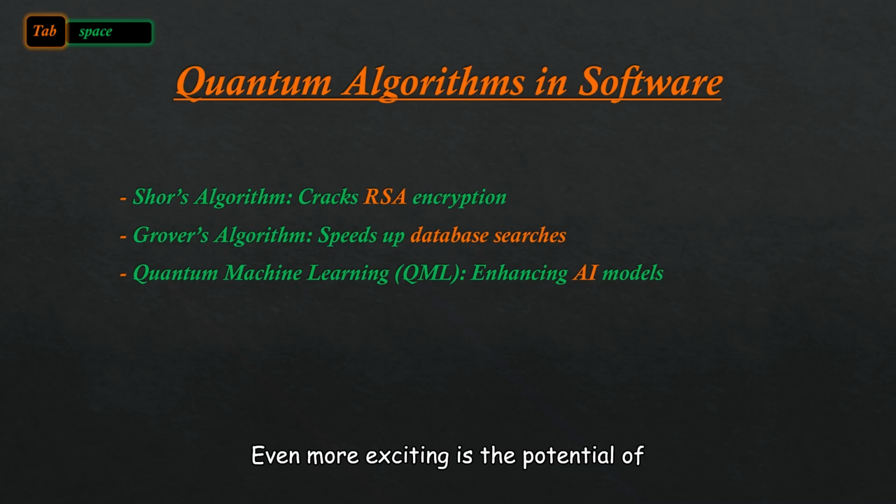Even more exciting is the potential of quantum machine learning, or QML. By leveraging quantum speedups, QML could redefine how we train and deploy AI models, especially for big data problems. These are just the beginning. More quantum algorithms are being researched every day, covering everything from optimization to drug design.